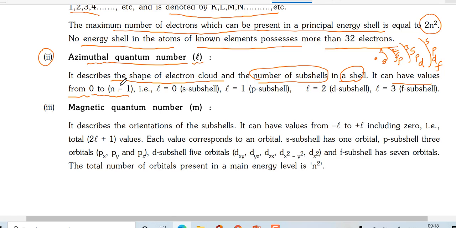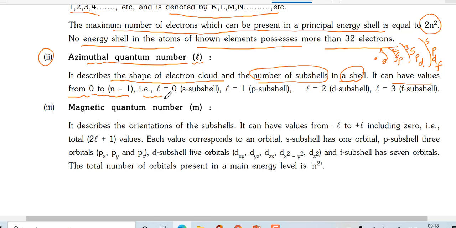What is n? n is the principal quantum number. The principal quantum number starts from 1: 1, 2, 3, and so on. The azimuthal quantum number starts from 0. What is the maximum number? n minus 1. That means one number less than the principal quantum number, right?